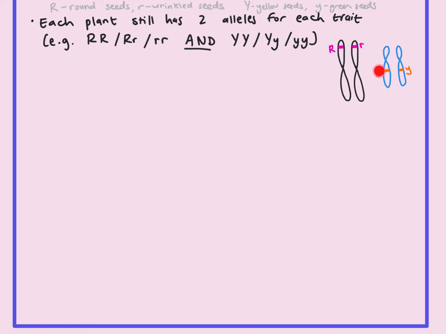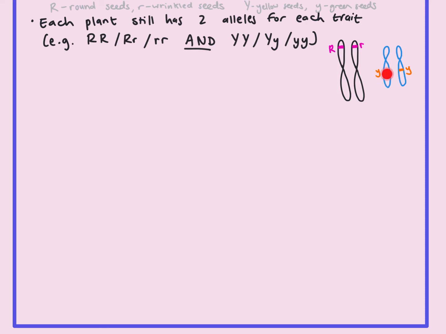On a separate pair of homologous chromosomes, there will be the gene and the 2 alleles for seed color. So it's not like individuals are only inheriting the gene for shape of seeds and then they just have no color in the seeds. They will inherit the gene for every single trait about that plant. But they always have 2 copies of the alleles because of the pairs of homologous chromosomes.